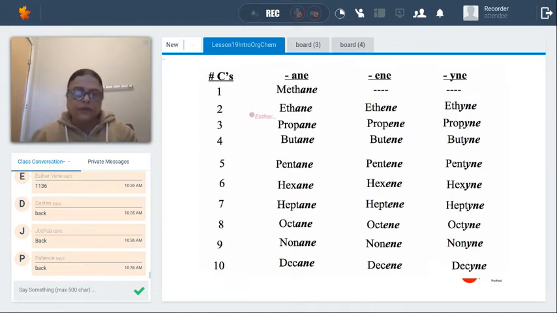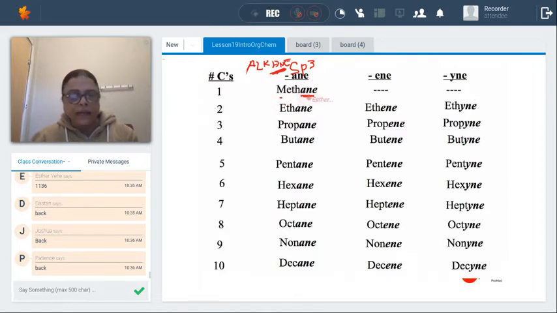The system also allows you to recognize what family the molecule belongs to. When we have all sp3 molecules, the ending is "an", and we say that the molecule belongs to the alkane family. The ending "an" tells you it belongs to the alkanes.